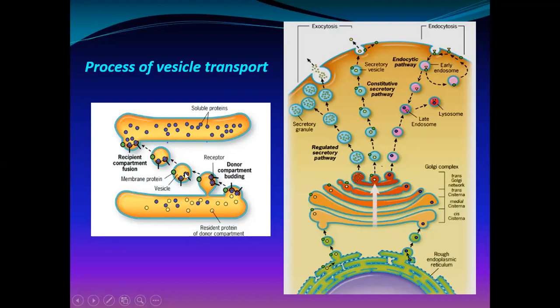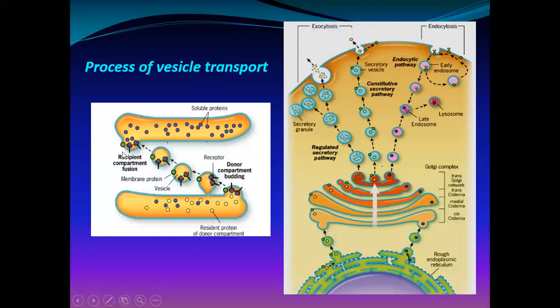Okay. So what will happen? Now this is going here. And now this vesicle fuses with the membrane of the receiving compartment, the recipient compartment. And if some membrane protein is needed for the recipient compartment, what happened? That will go and be embedded in the membrane.